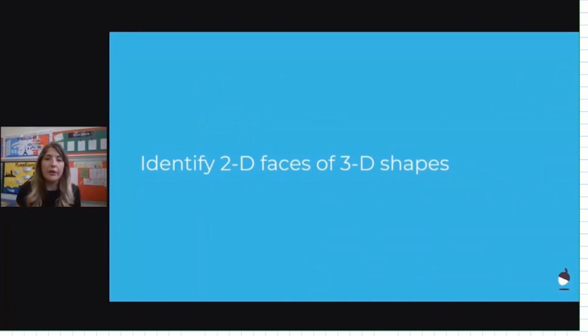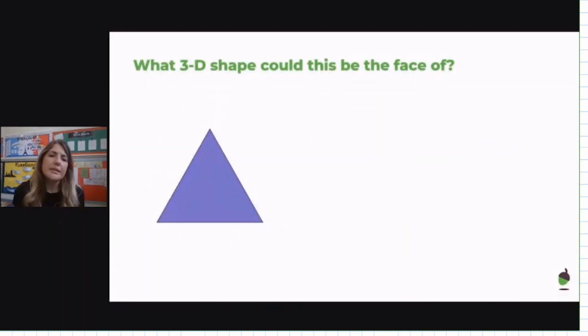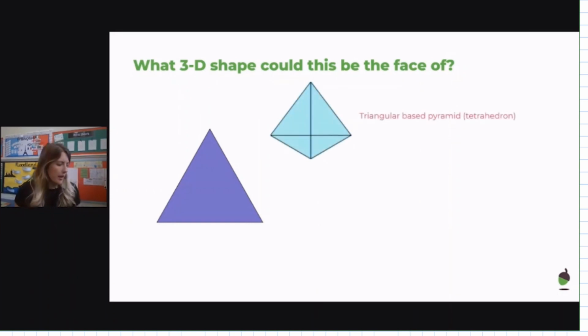So now we're going to look at identifying 2D faces on 3D shapes. So here's my question. What 3D shape could this triangle be the face of? So I need to start to reason about 3D shapes and think about what I already know about 3D shapes. So I know that a triangular base pyramid is made up of 4 triangular faces, so it could be the face of a tetrahedron.